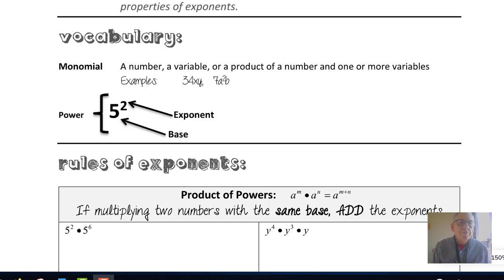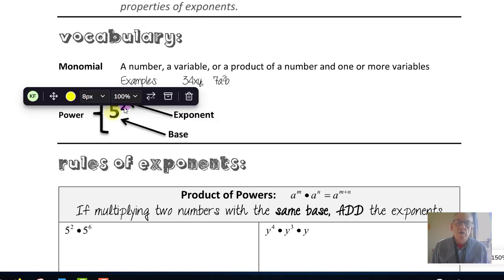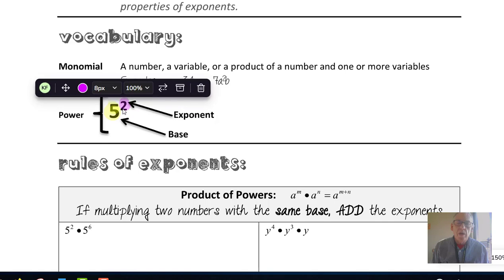In this example, we have a power: 5 to the second power, or 5 to the exponent of 2, or 5 squared. The 5 is the base, and the exponent or the power is what that base is being raised to. So literally this means the base is multiplied times itself, the exponent number of times.